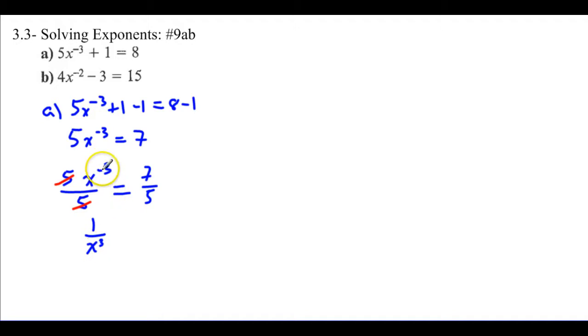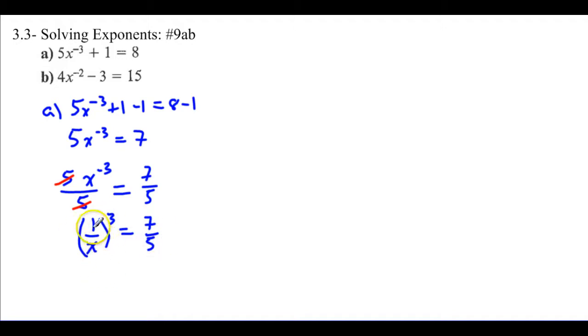Okay, so that's what the negative sign says. It basically says flip this base, so I'm flipping the entire base, so 1 over x to the exponent 3 will be 7/5.